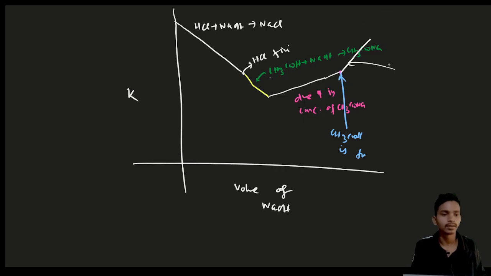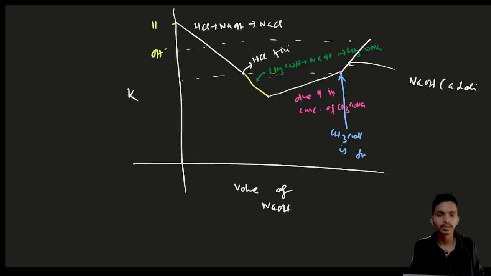This is due to OH minus from adding NaOH. Okay, and this is the highest, and this is due to OH minus, this is due to H plus, and this is due to Na plus.